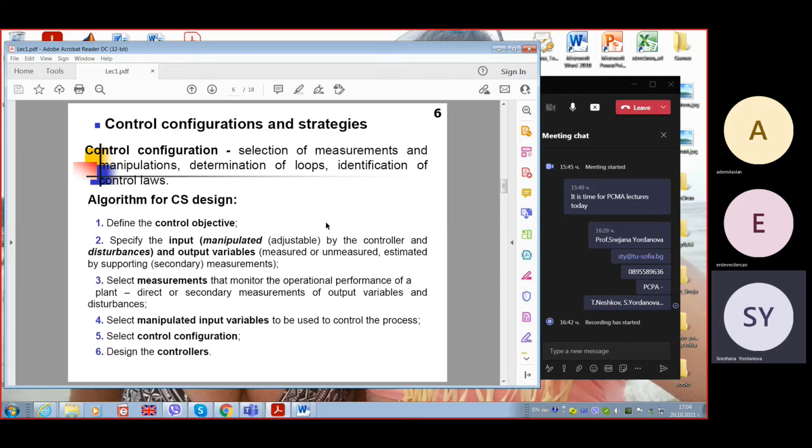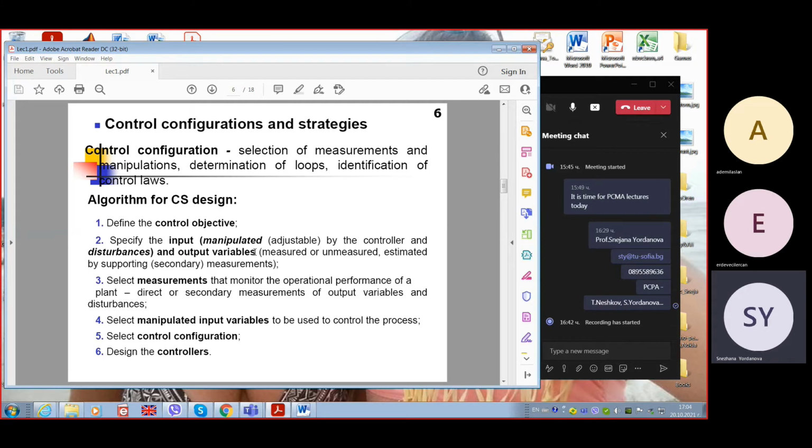Other disturbances are out of reach. We cannot control them. So like ambient influences. So temperature outside, when sunny weather, influences as a disturbance the temperature inside the room.